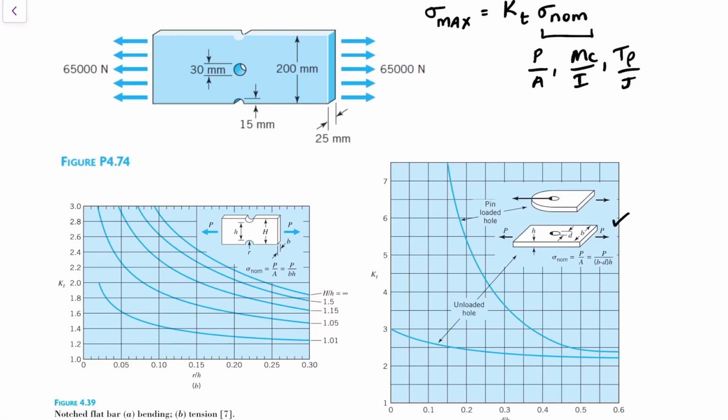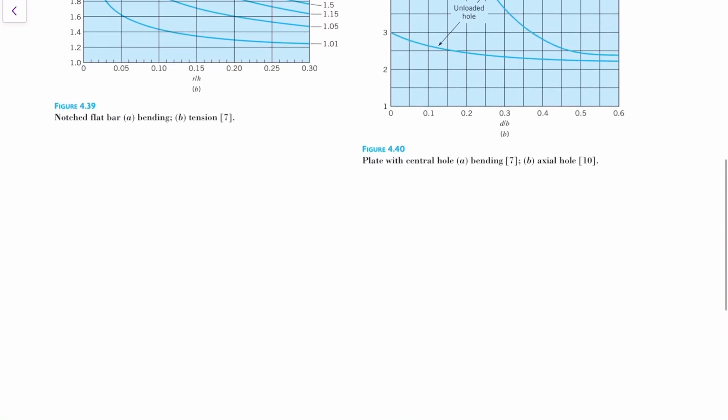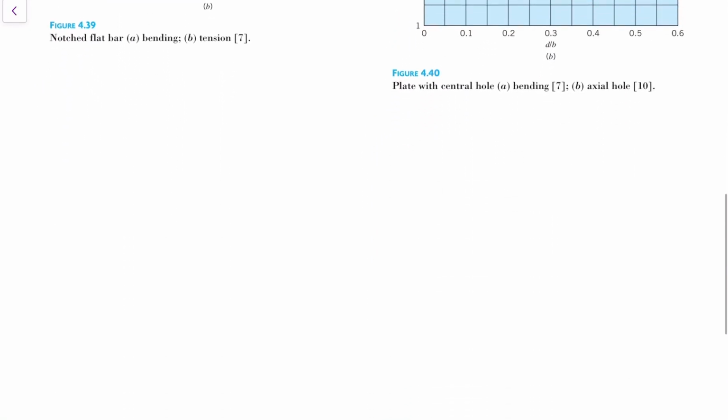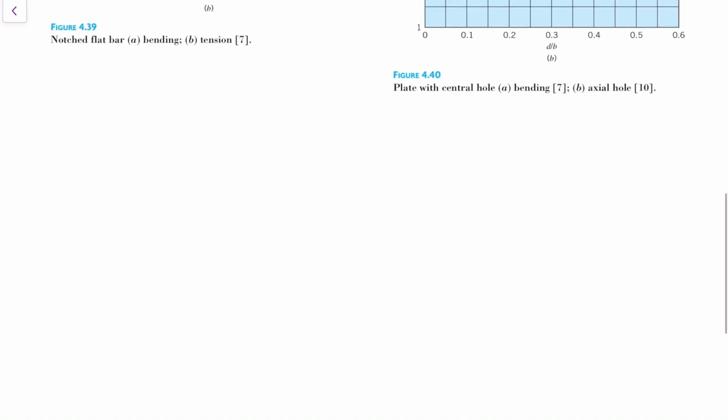So what we're going to do first is figure out what sigma nominal is, which is our nominal stress. So that's always your first step when calculating your maximum stress.